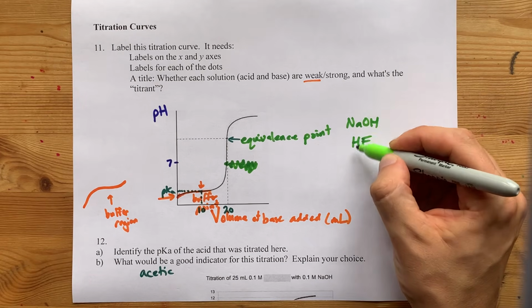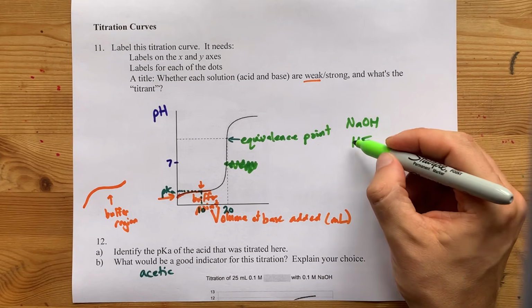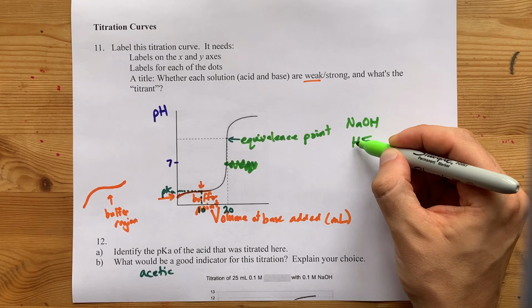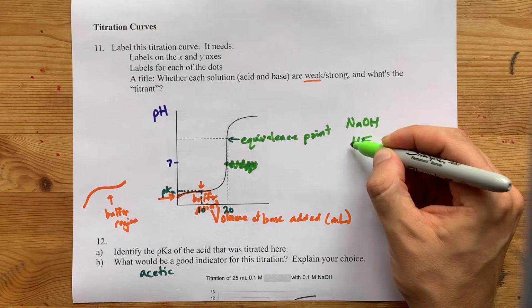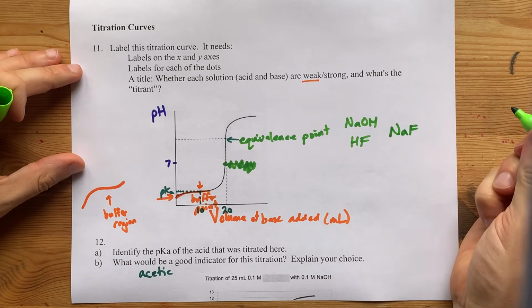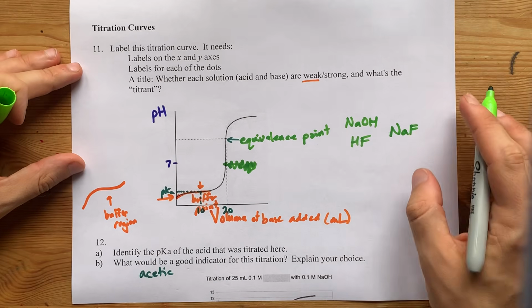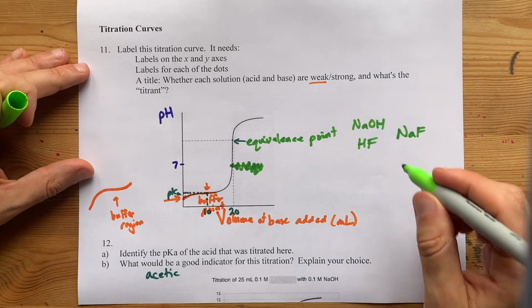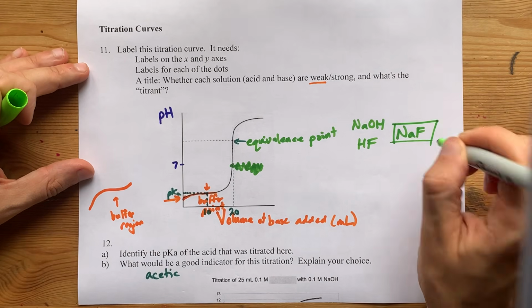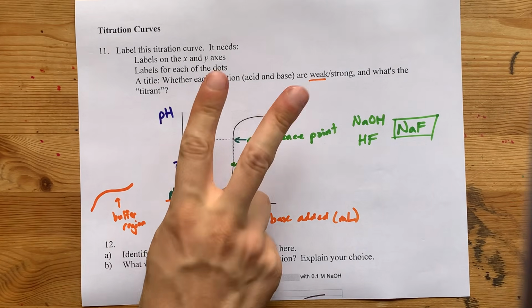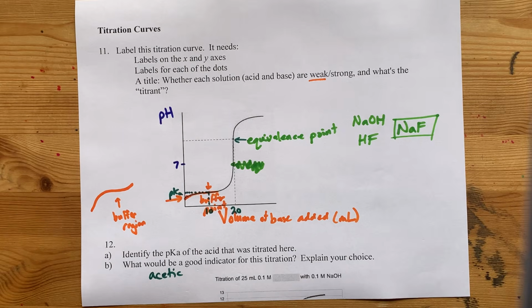When you've added the same number of both of these, you've made all of your OHs into water along with these H's, and you're left only with the salt that's formed when the neutralization reaction occurs. So the pH at the equivalence point is based only on the pH of this salt in water. That is different from what teachers call the end point of the titration.